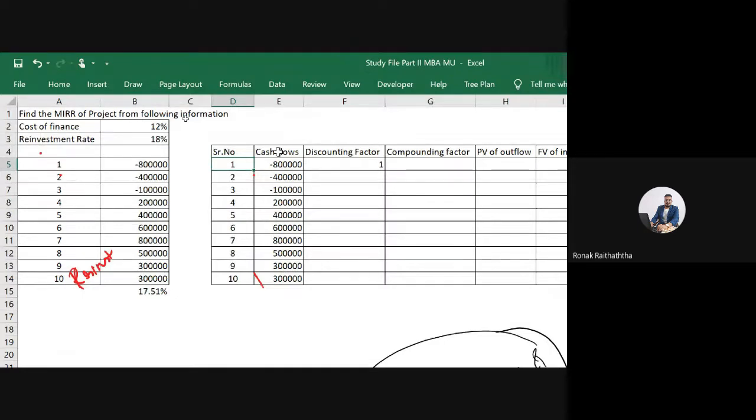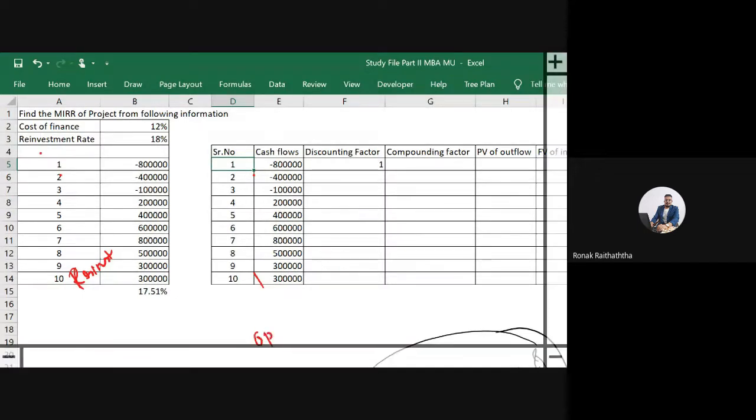So the first cash outflow will be the initial investment. If it is an initial investment, then it's a present value only. So the discounting factor for the first cash outflow will be taken as 1, as simple as that.